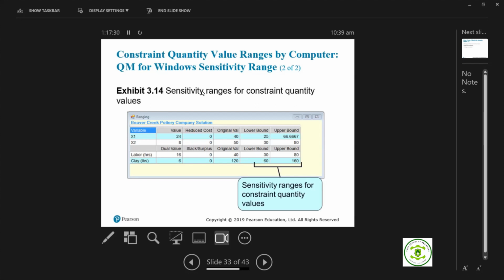If the right-hand side of the other constraint increases by 1 unit, then profit will increase by $6.